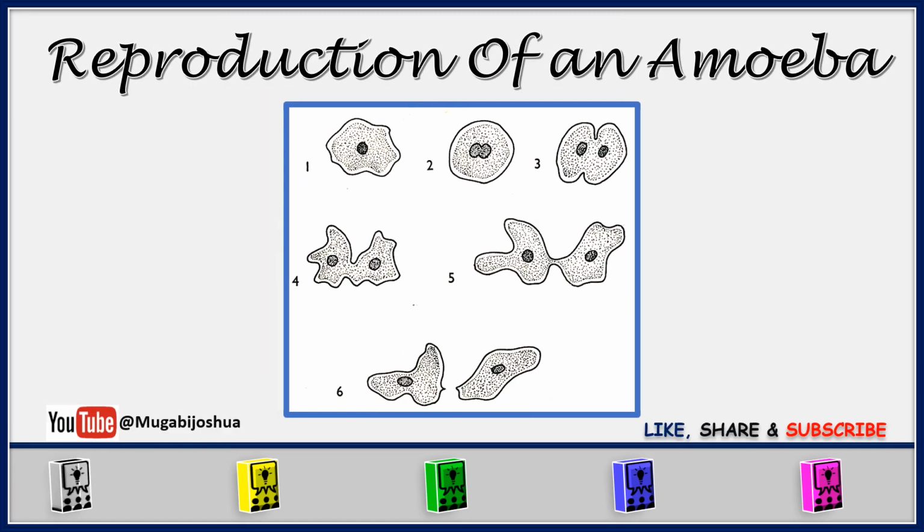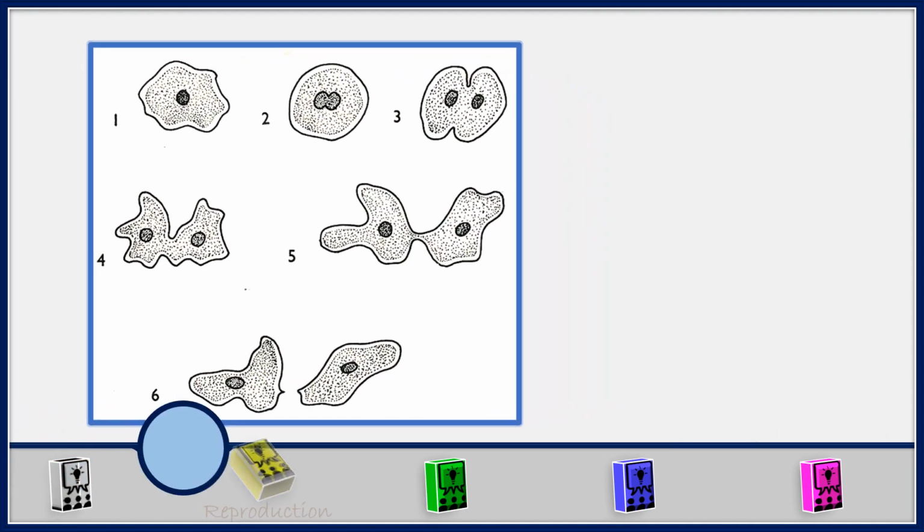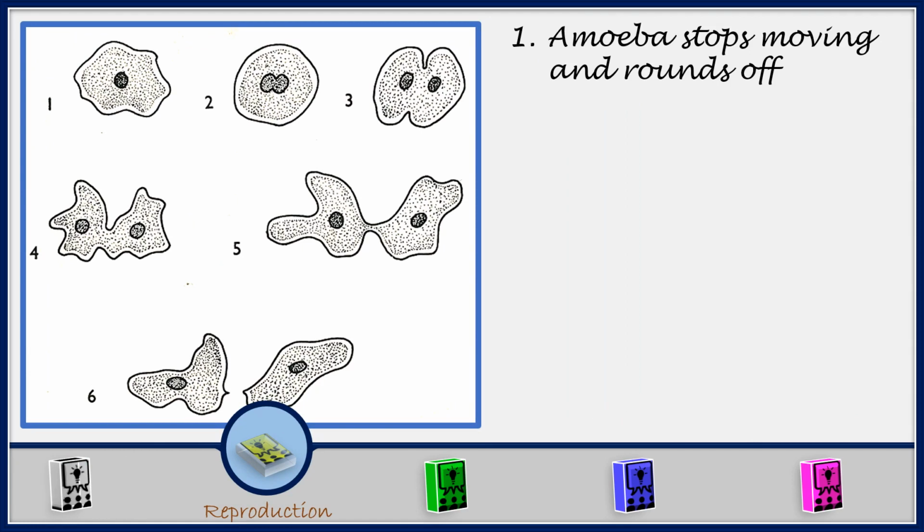Now let us look at reproduction in an amoeba. Here you will see that the amoeba, first of all, will stop moving and then it will round off. So in stage one, the amoeba stops all the activities of movement and it rounds off and stays in one position.